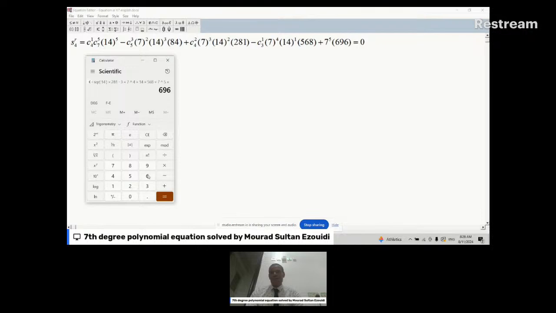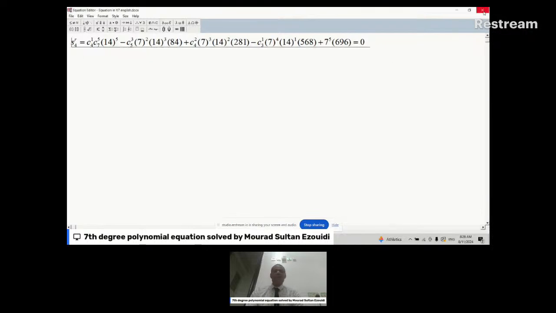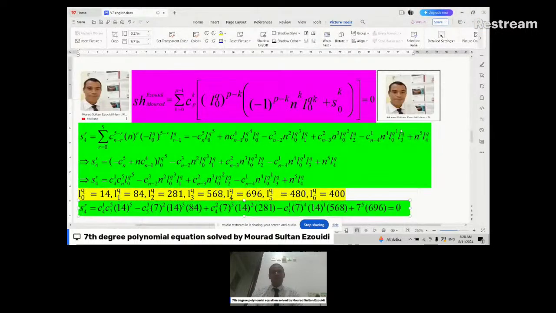So this one, learners, has to be equal to 0. Therefore, S4 now is equal to 0.